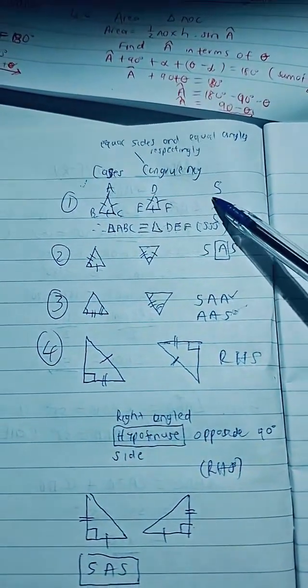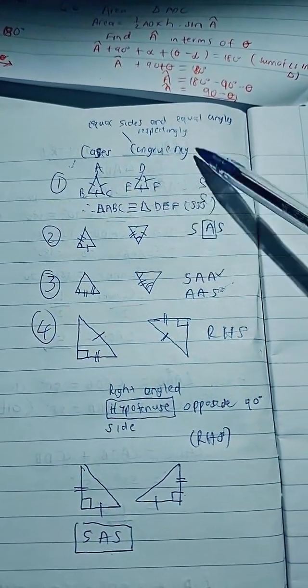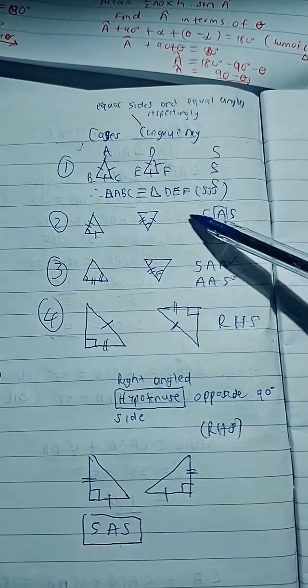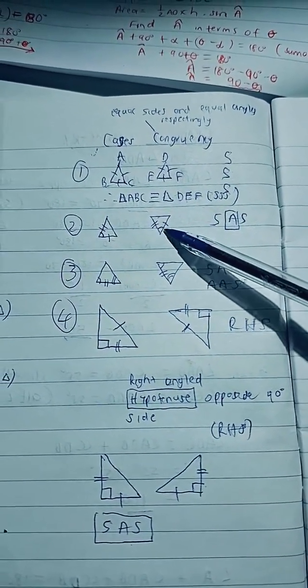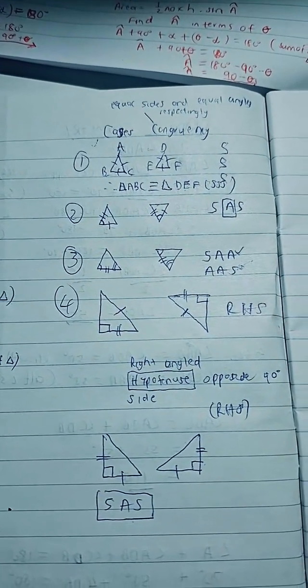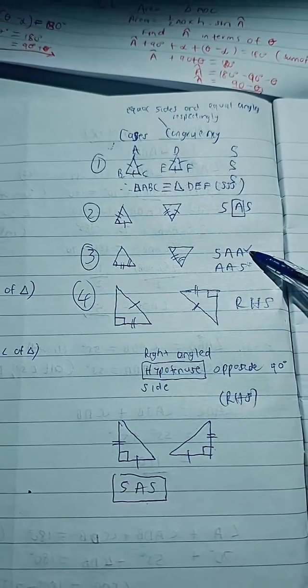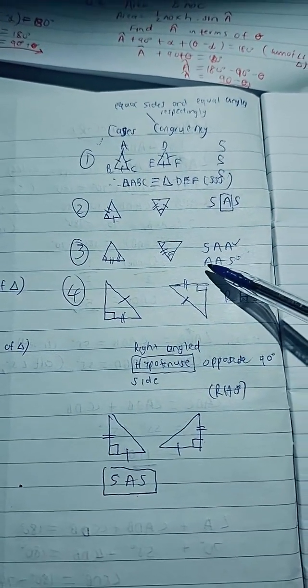So SSS, like I said, has to do with three respective sides being equal for the two triangles. SAS has to do with an angle that is sandwiched in between two sides that are respectively equal for the two triangles. Then you have SAA, if you want to call it that, or AAS.